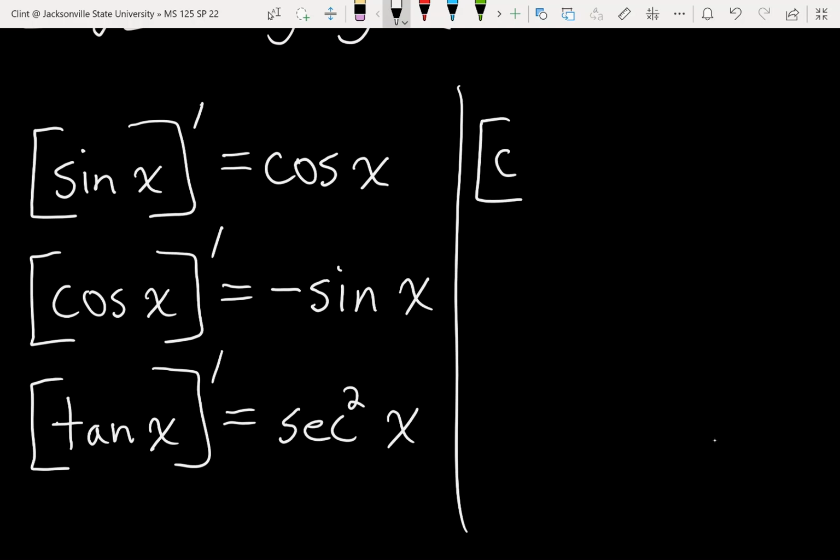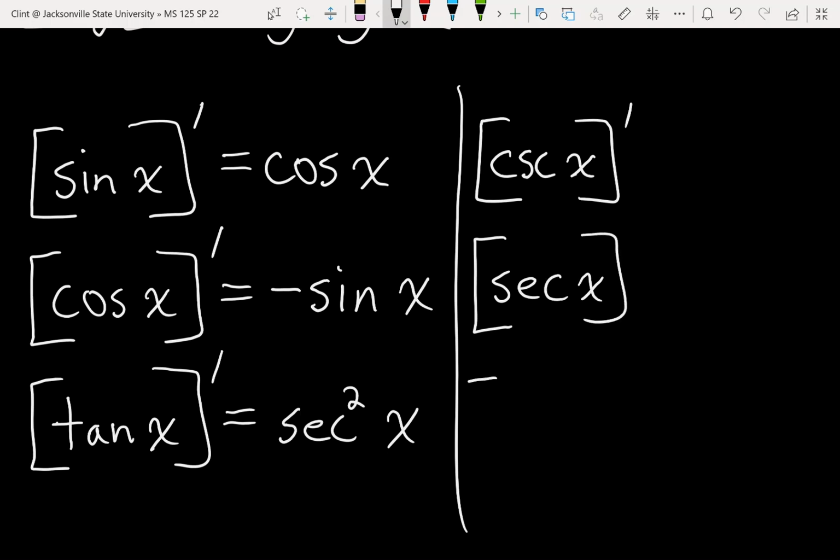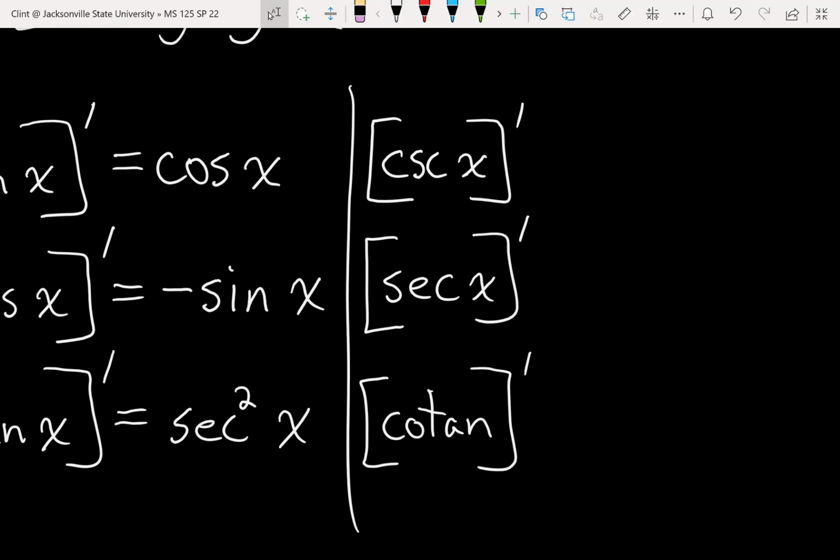So secant, cosecant, cotangent. If you don't remember them, I might have to look them up.